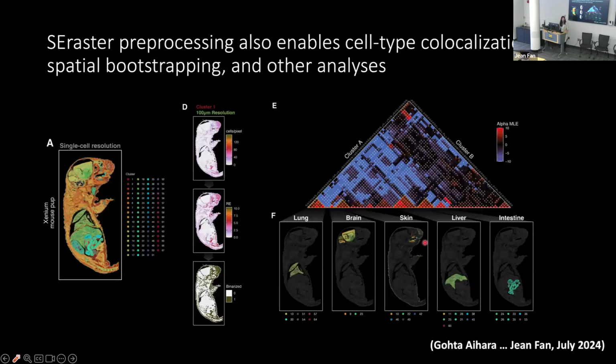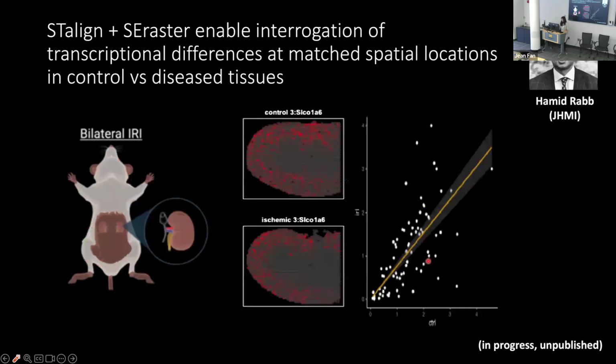So these are just a few of the different analyses that we are able to enable with this type of aggregation-based preprocessing. And now, what we're very excited about is applying these tools like STalign and SC-raster to clinical and disease contexts.